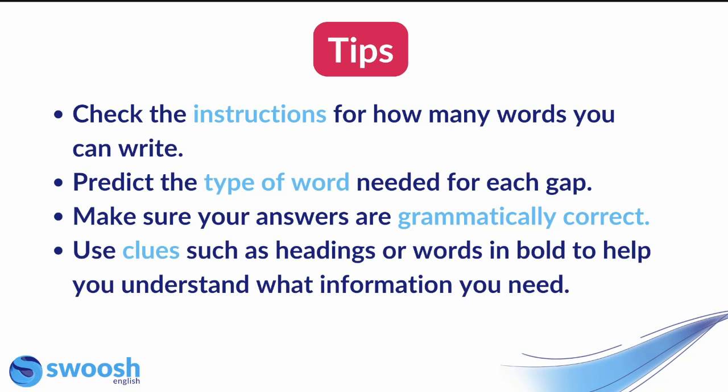And also, when you've got a table or a flowchart, something you can do is to use clues such as headings or any words that you see in bold to help you understand what information you need. So spending some time studying the table or briefly looking over the flowchart can really help you know what information you're looking for and then assist you in locating those answers in the text.